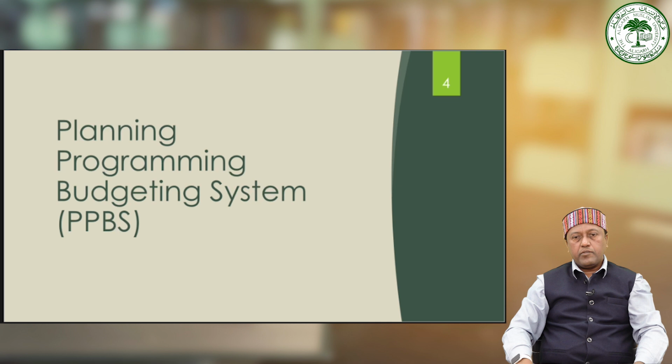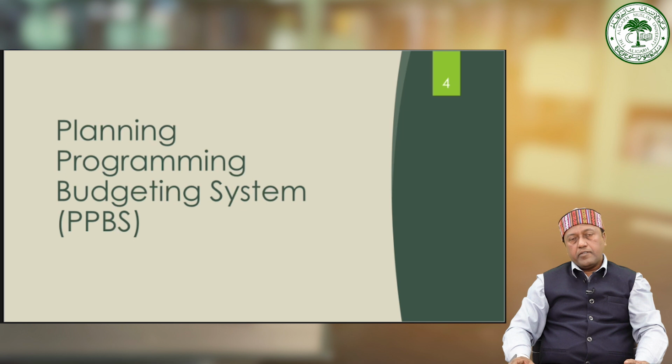This PPBS system combines budgeting with long-term planning and systems analysis to align budget decisions with organizational goals and objectives. It involves systematically analyzing alternative programs or activities, assessing their cost and benefit, and then selecting the most effective and efficient option.